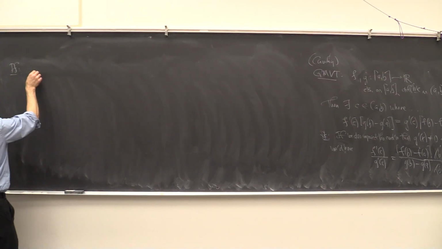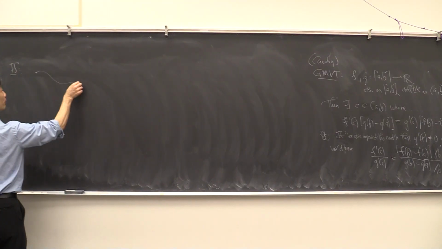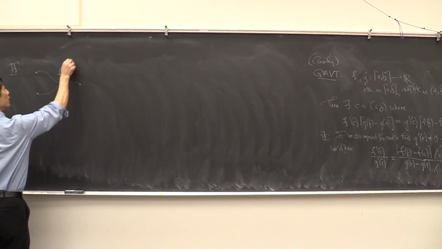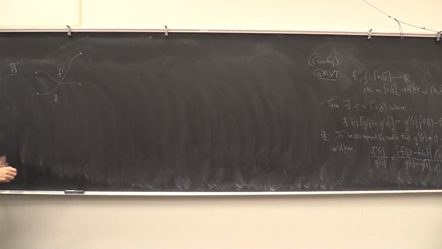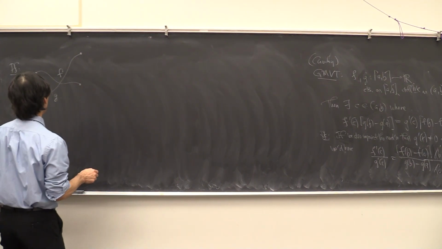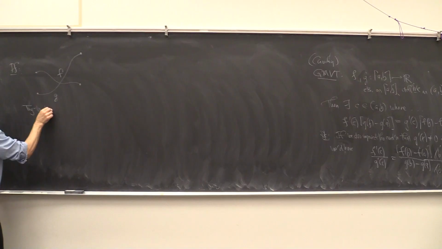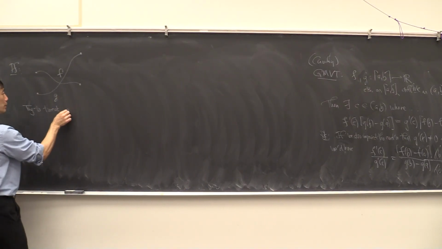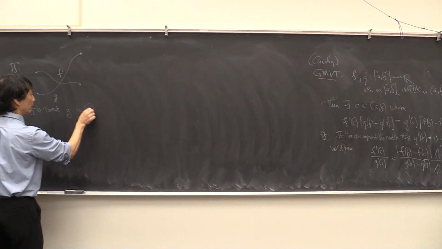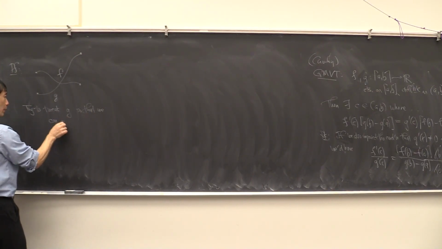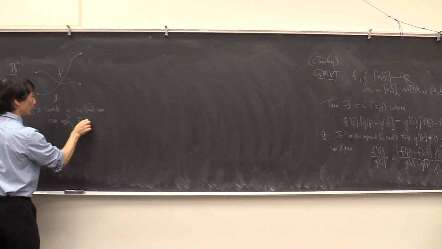Okay, so the proof: we've got these two functions, f and g. The strategy is again to try to tweak g so that we can apply Rolle's number 2.